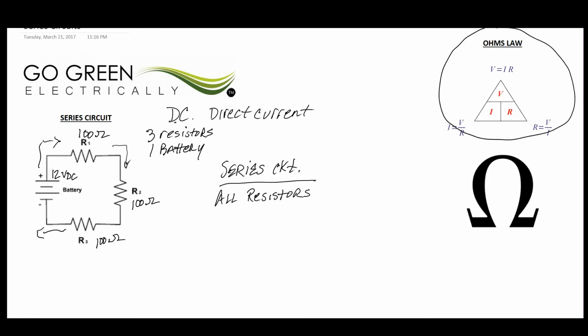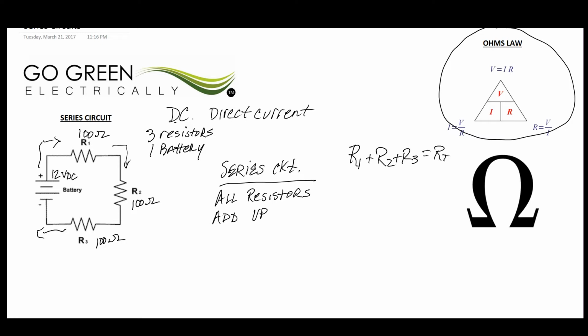add up. And when I say that, I mean that R1 plus R2 plus R3 equals R total. In a parallel circuit it is different.